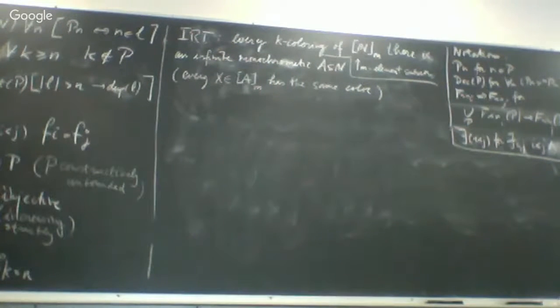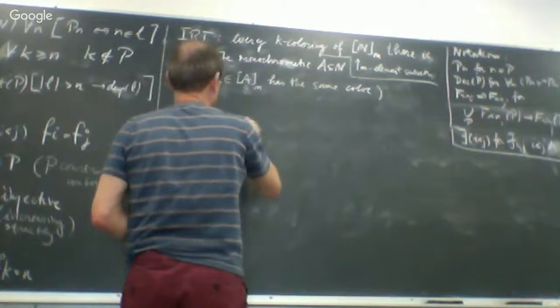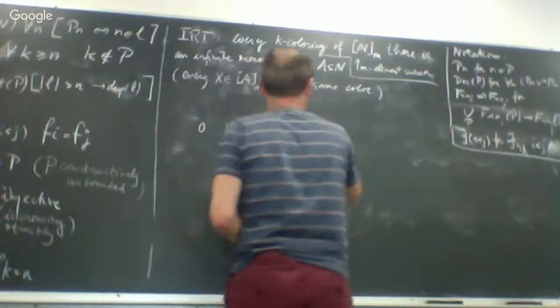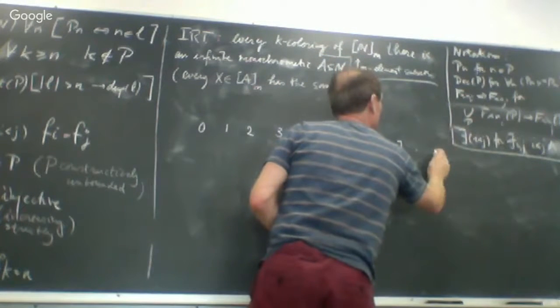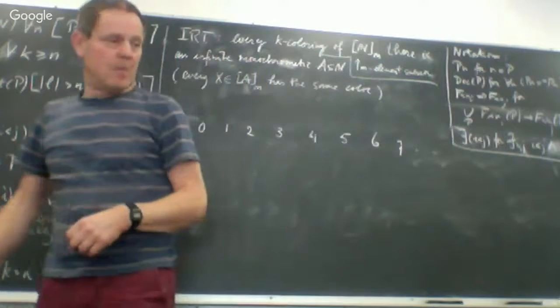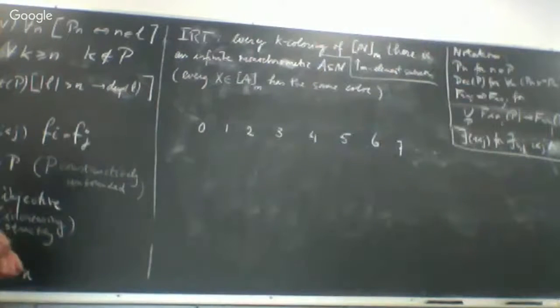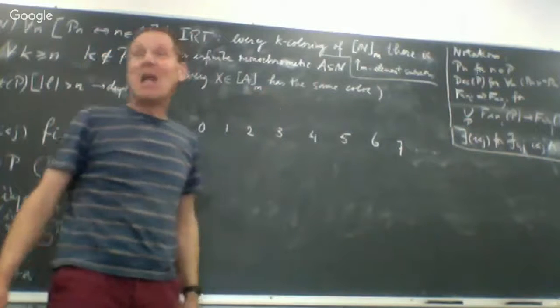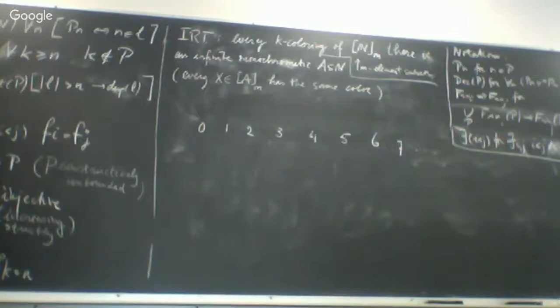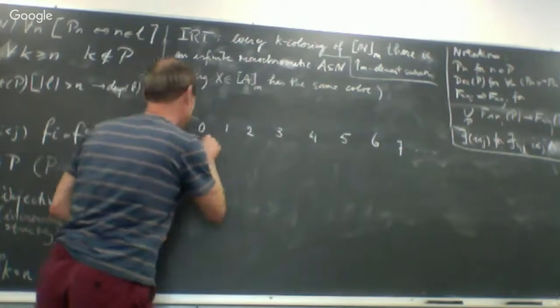Okay, so now I'm going to prove this informally and classically. I start by enumerating n, and I start by 0. I'm going to construct this A. It is an obscene construction.